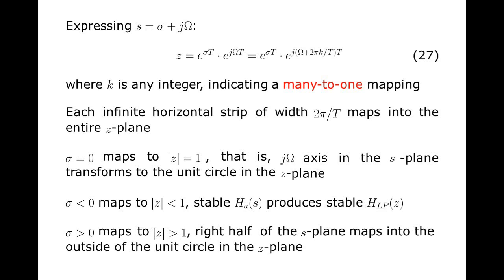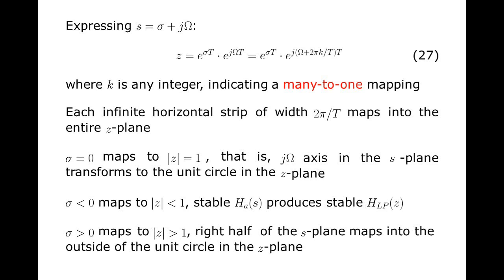So many poles in the S plane are going to map to one pole in the Z plane. That is the drawback of this particular method, and therefore aliasing occurs. Each infinite horizontal strip of width 2 pi by T maps into the entire Z plane.